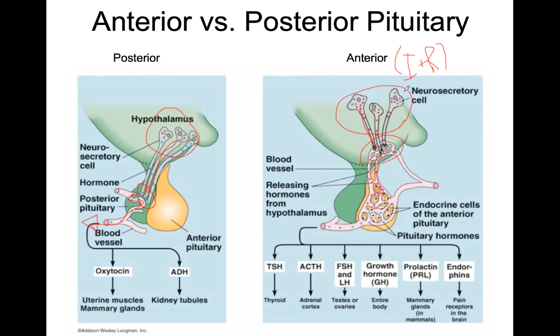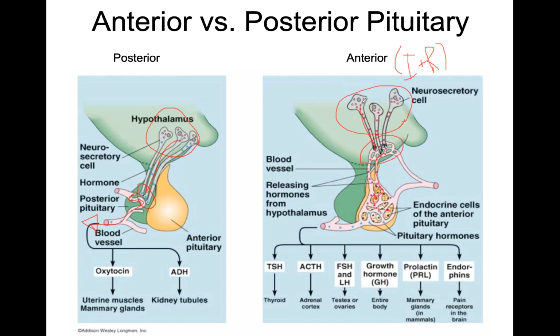Now, you notice the hormones up here are pink, they're pink, they're pink. It's the same hormone. But once we get over here, the inhibiting or releasing hormone is going to leave the capillary bed and actually stimulate the cells of the anterior pituitary to make those hormones that we talked about here.